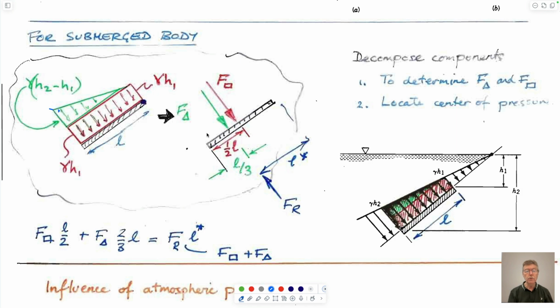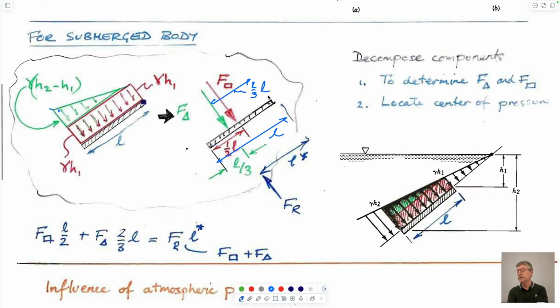And actually you know that this distance here is going to be equal to what? If this is L, what is this distance here? Standard result.